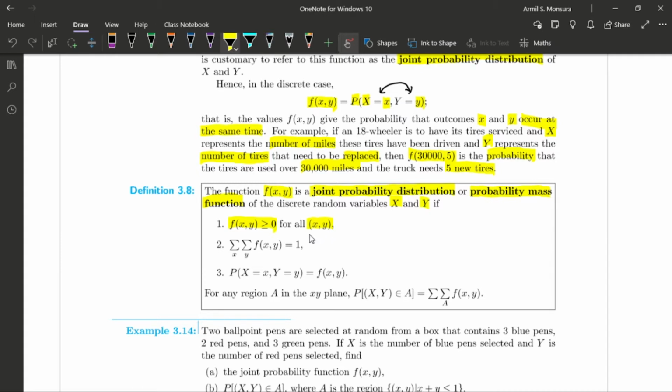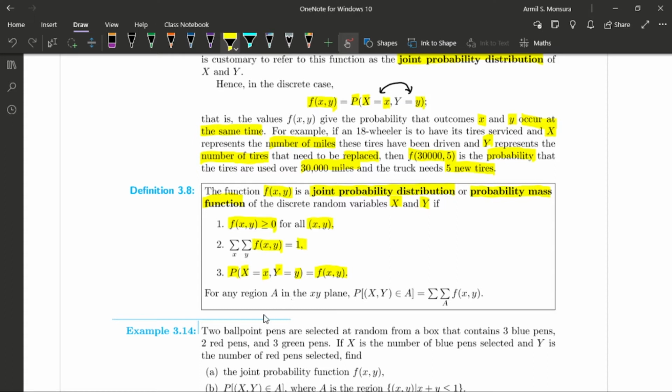Now if we add up the distribution for all x's and for all y's, that should add up to 1. And again, as we interpret your distribution, it should equal the probability that your random variables x and y simultaneously assume the values small x and small y.